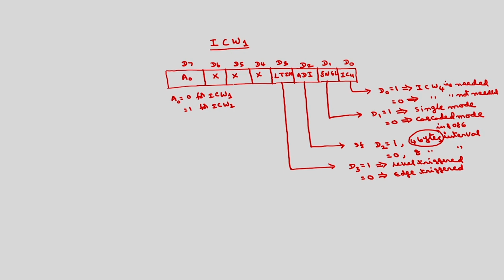Then coming to the second initialization command word, ICW2. The format of this ICW2 is also an 8 bit register, D0 to D7: D0, D1, D2, D3, D4, D5, D6 and D7.